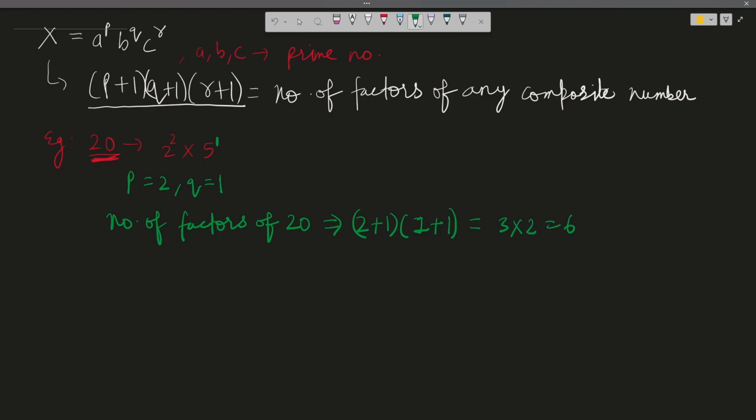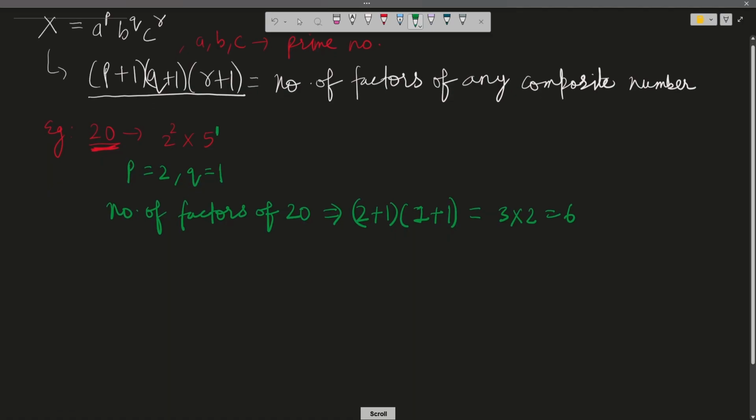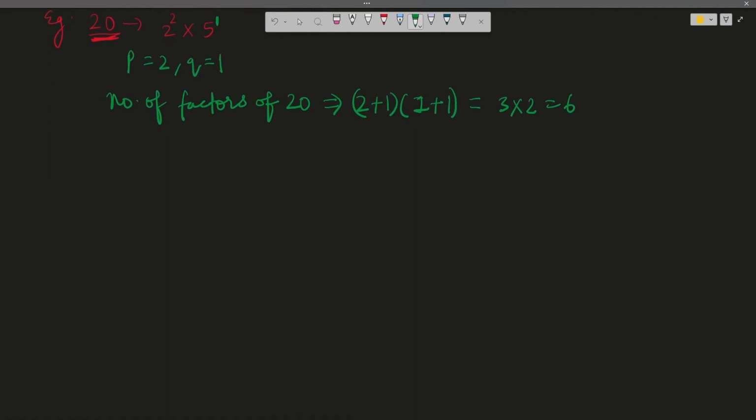And we can even cross verify whether the formula is correct or not. So let's start by calculating the factors. The factors of 20 are 1, then 2, then 4, then 5, then 10, then 20.